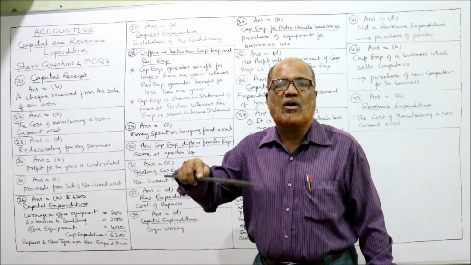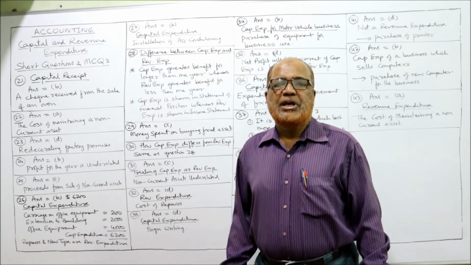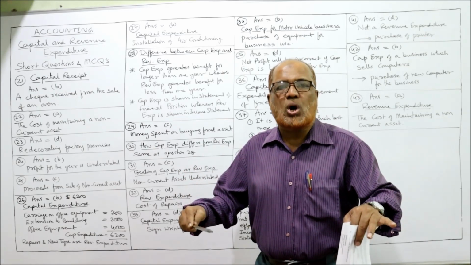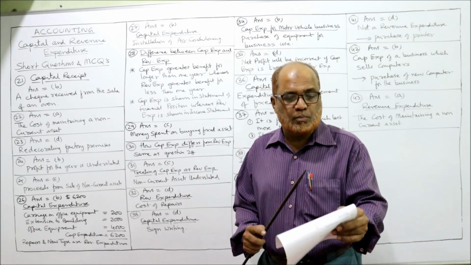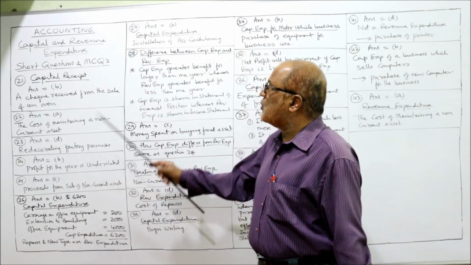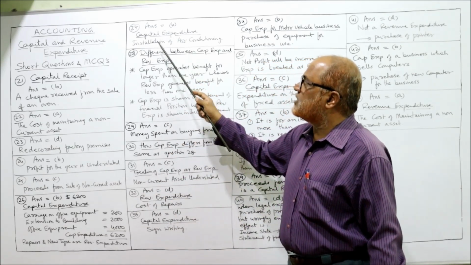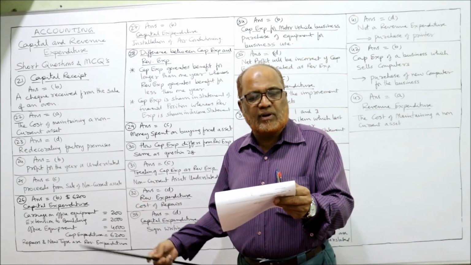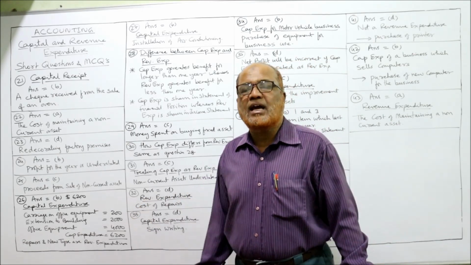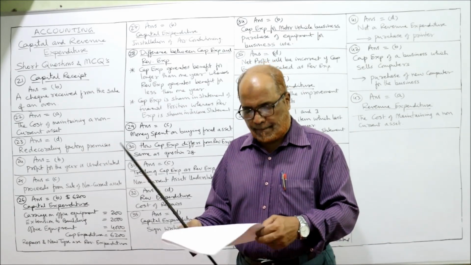Installation expenditure of non-current asset. If a non-current asset is installed, installation expenses is a capital expenditure. So B is right. 27th, B answer, capital expenditure, installation of air conditioning. Remaining, repairing of the building, revenue expenditure. Repairing of air conditioning, revenue expenditure.